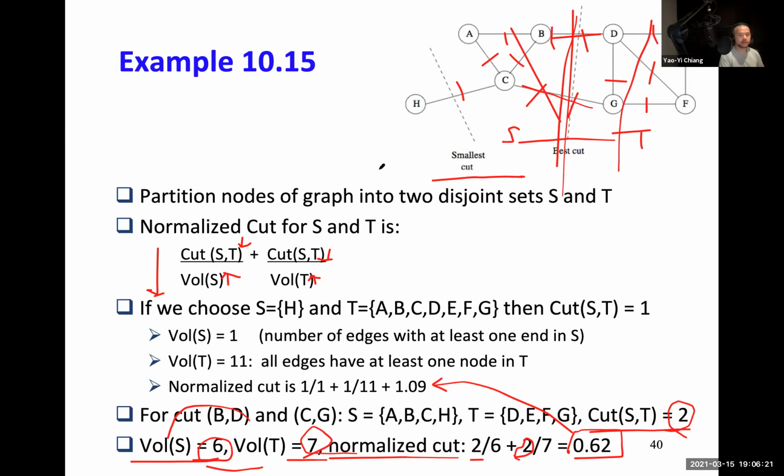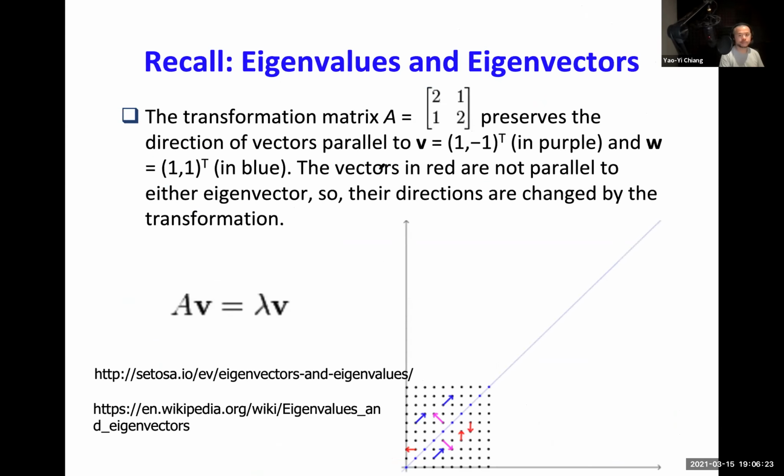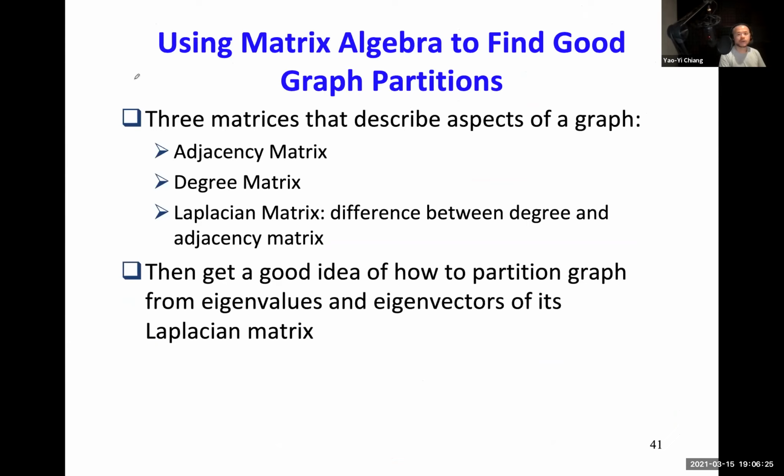Now this is the more difficult part. So now we want to look at matrix algebra to help us find good graph partitions. And this entire approach is generally called spectral clustering. And we're going to use 3 matrices to describe different aspects of a graph. We're going to use the adjacency matrix, degree matrix, and the Laplacian matrix.